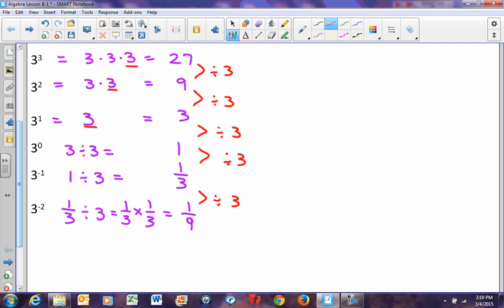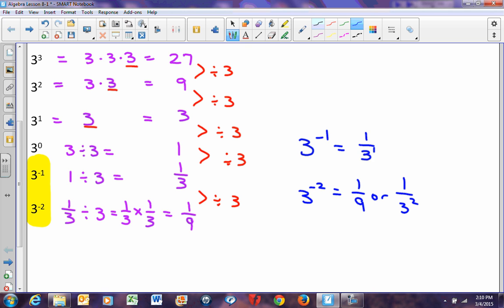If you look at these last two, 3 to the 0 power gives us one property of an exponent, and 3 to the negative first and 3 to the negative second give us a different property. 3 to the negative first power ends up to be 1 over 3, or 1 over 3 to the first power. 3 to the negative second becomes 1 over 9, or 1 over 3 to the second power.